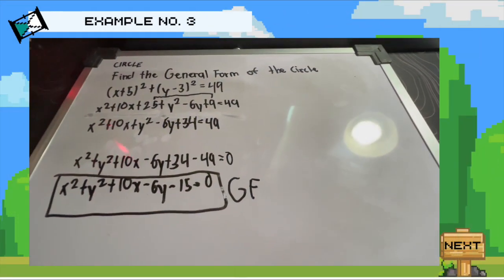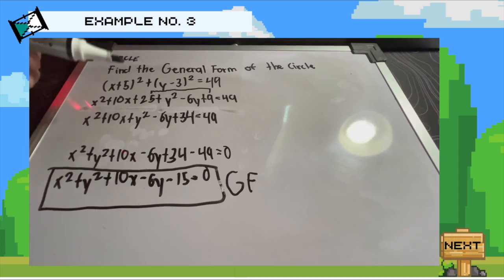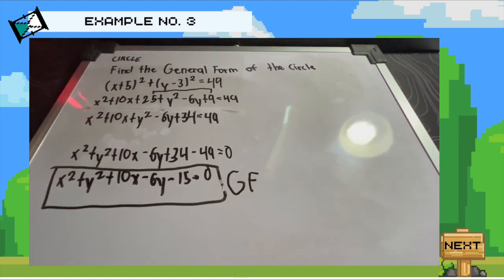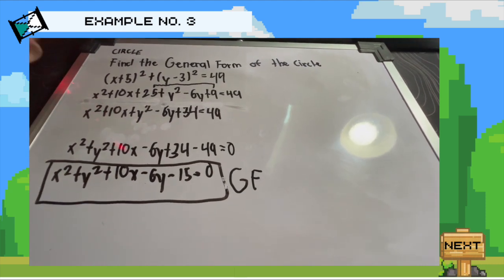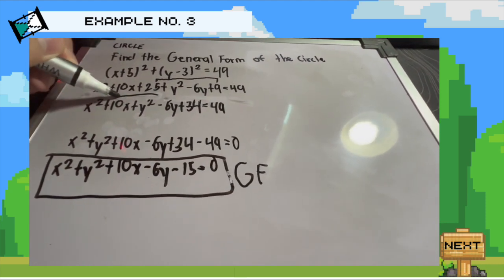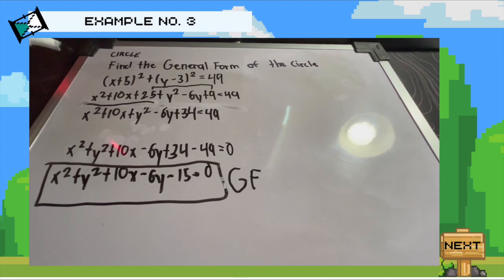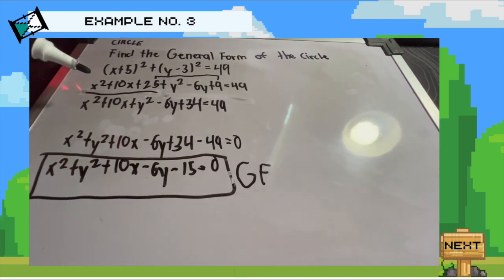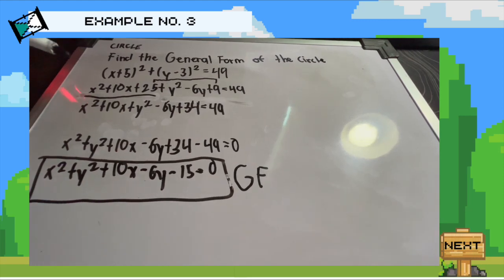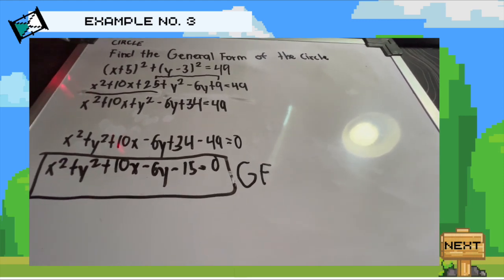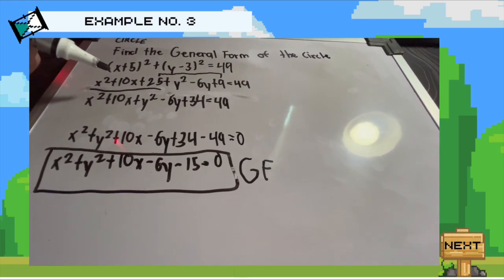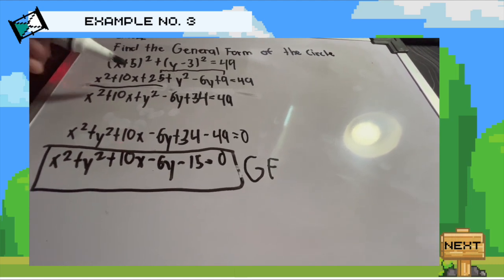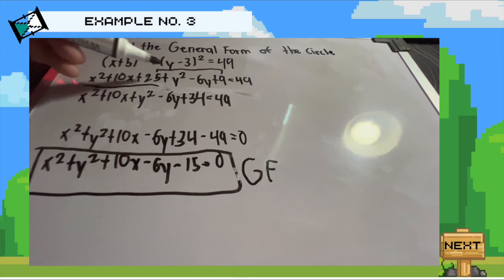So we have here our given, which is x plus 5 raised to 2 plus y minus 3 raised to 2 is equal to 49. So the first step we need to do is square the first term, so that will become x squared. And second step is multiply the first and second term, so x times 5, that is 10x, plus square the second term, 5 squared, that is 25, and copy the plus sign.